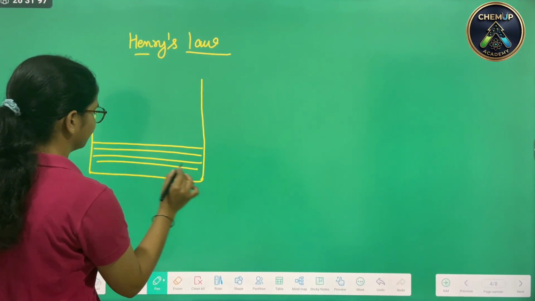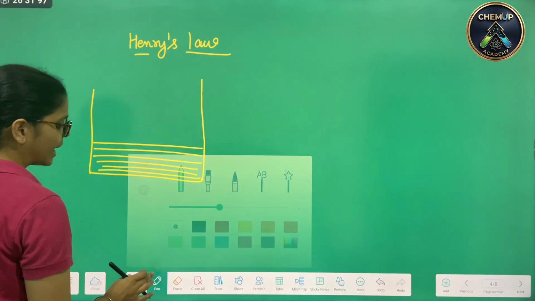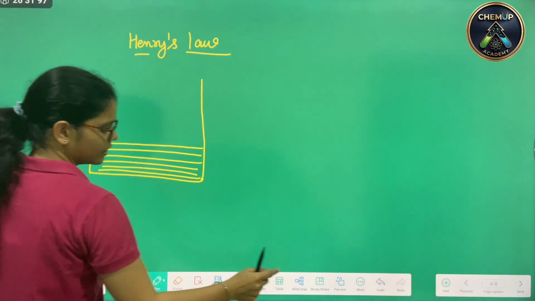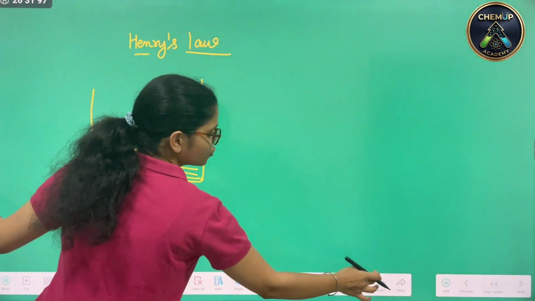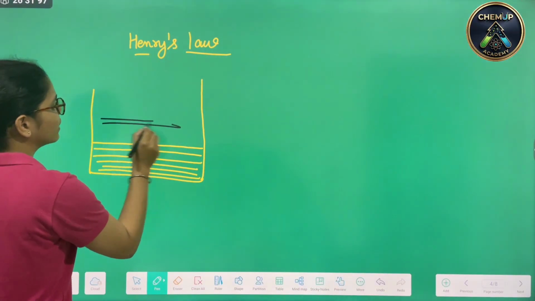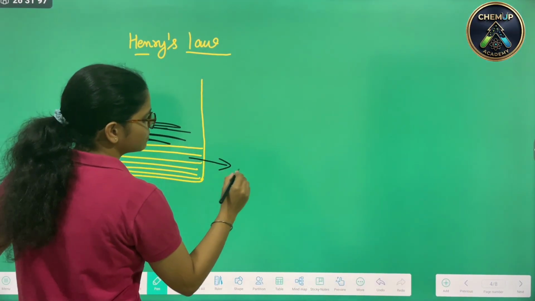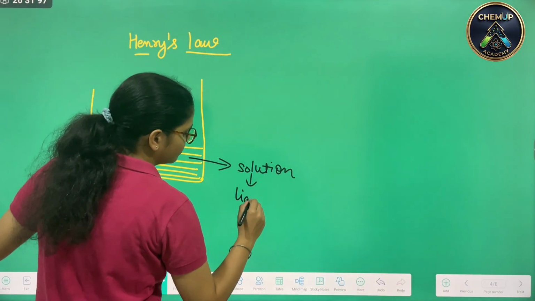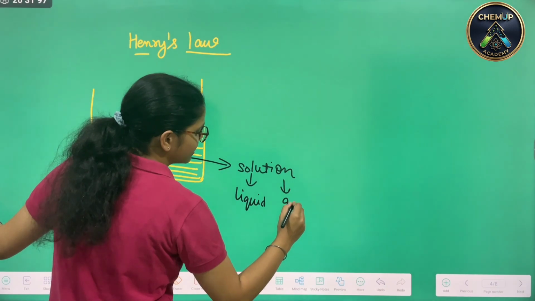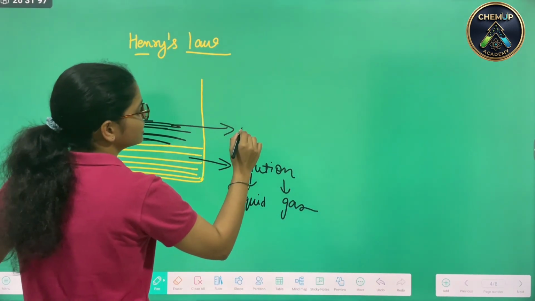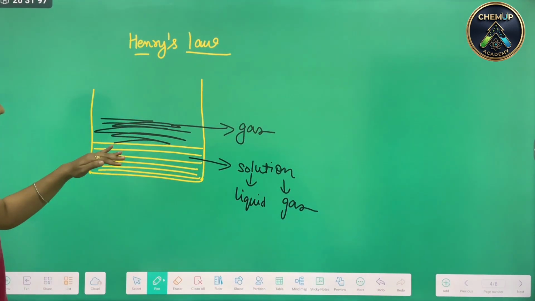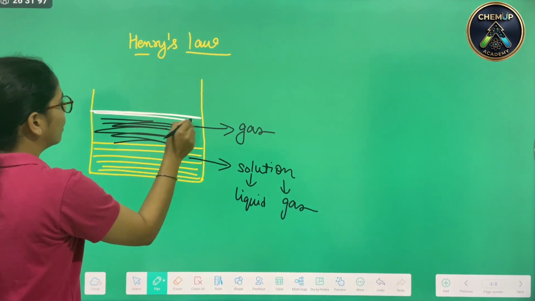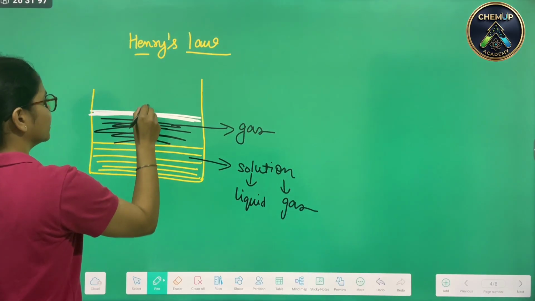Above this liquid, I have a gas. This is my solution in which my liquid is there and my gas is there, and this is the gas present alone. What if I apply a piston over here? This is my piston.